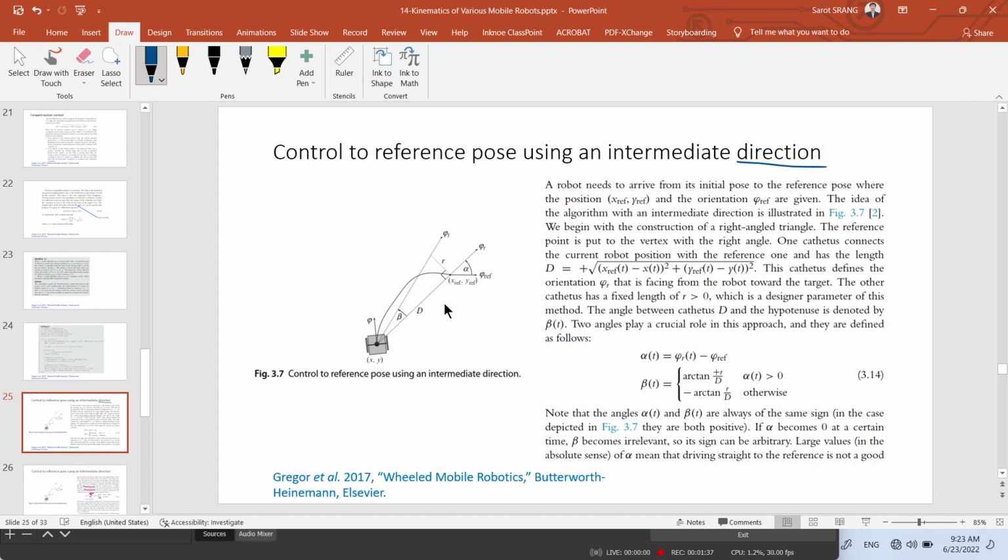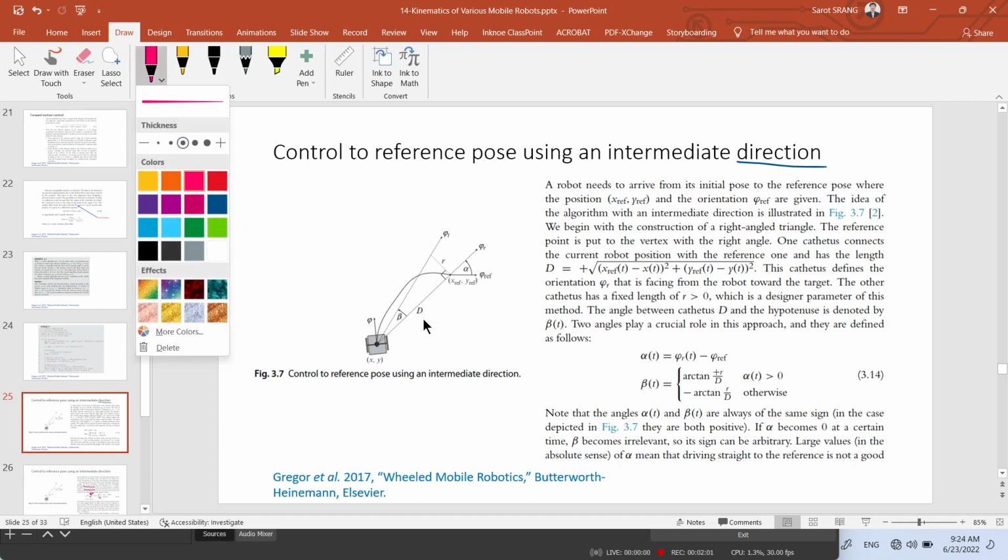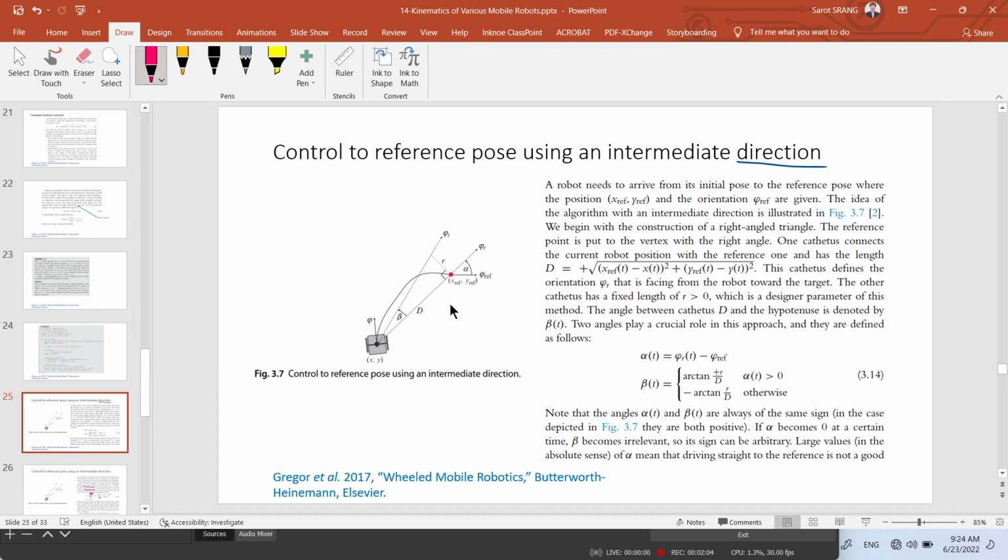The robot starts here, or rather at its instantaneous position, and the goal is at this point, in red. The desired final orientation is this one, phi ref.